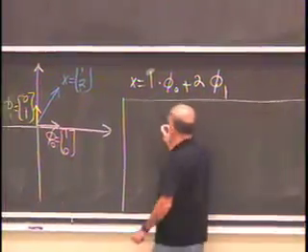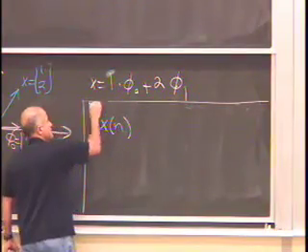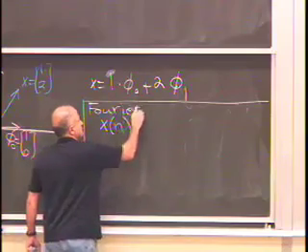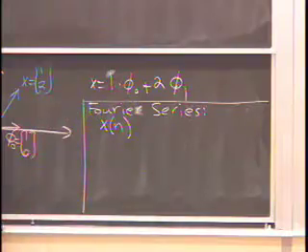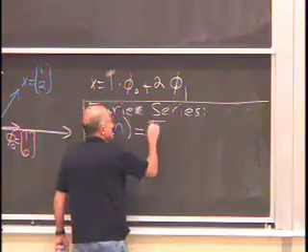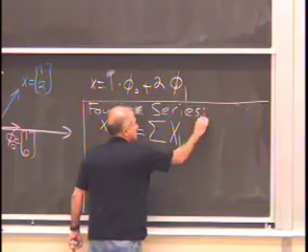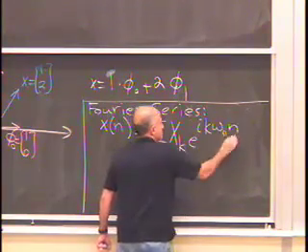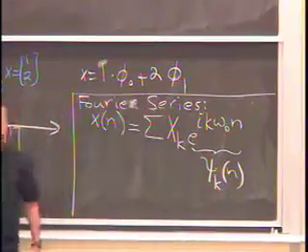Fourier theory says it says not only can you express x in terms of these two particular signals, phi 0 and phi 1, but you can in fact express x as a linear combination of these signals.